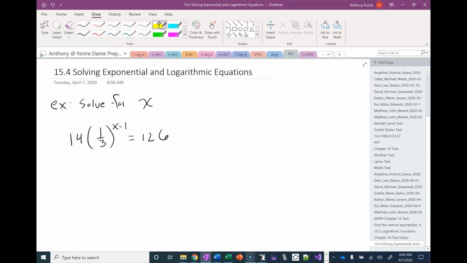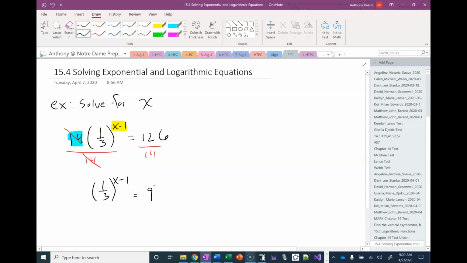We notice the x is in just one location. So the first thing we have to do is get rid of this 14 that's being multiplied to the exponential piece. So to do that, we'll divide both sides by 14. That's going to leave us with 1/3 to the x minus 1 is equal to 9.